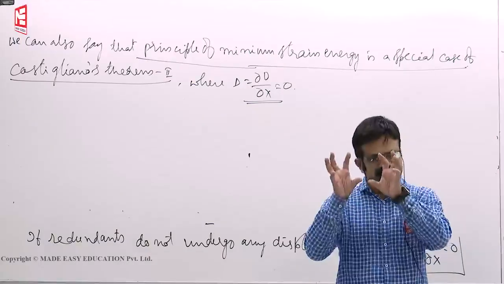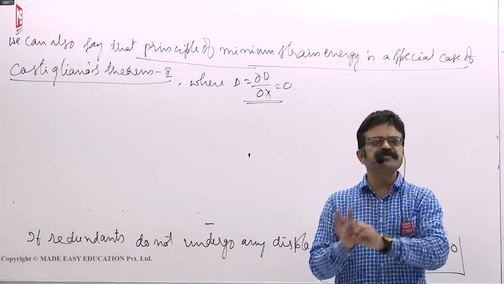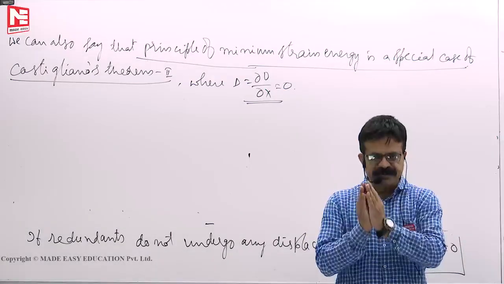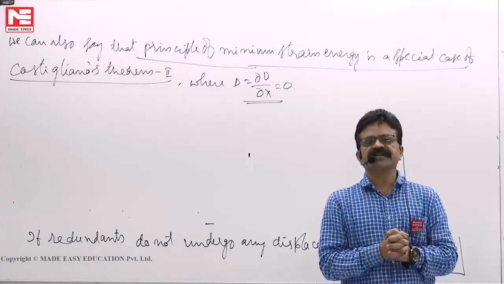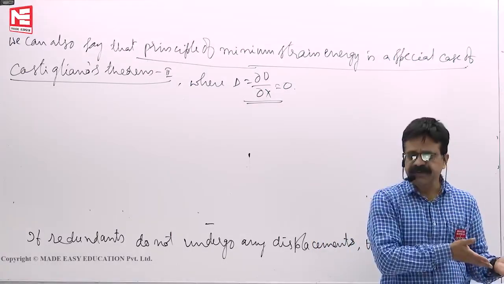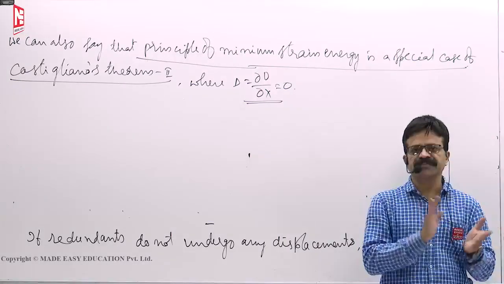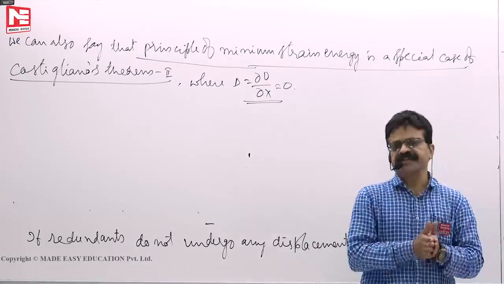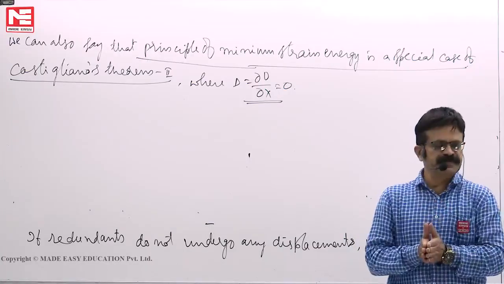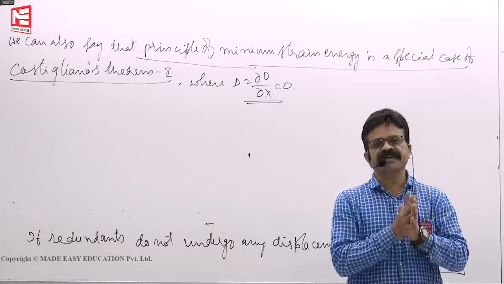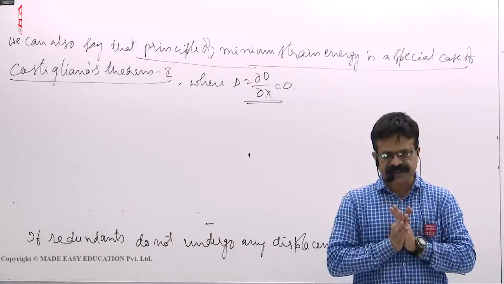We call that the principle of minimum strain energy, which is a particular case of the principle of complementary energy, or Castigliano's theorem 2. This is the history of the energy methods. The principle of minimum strain energy we can also call the principle of least work.